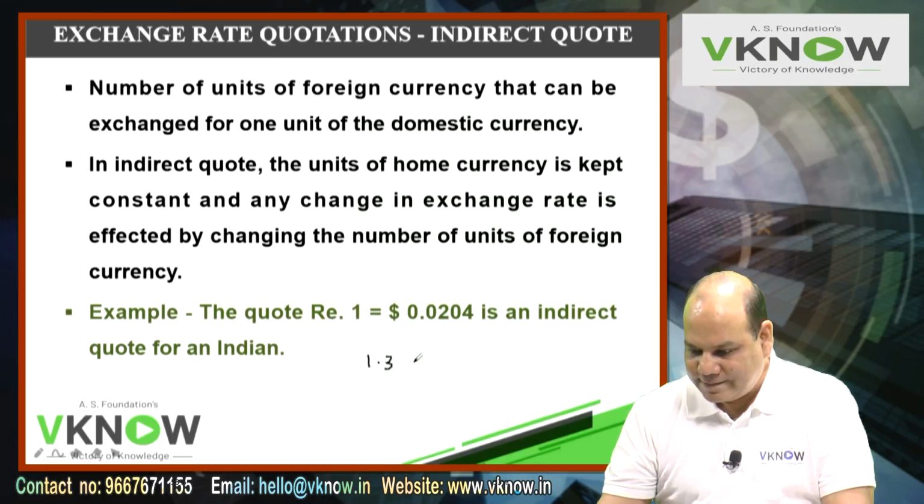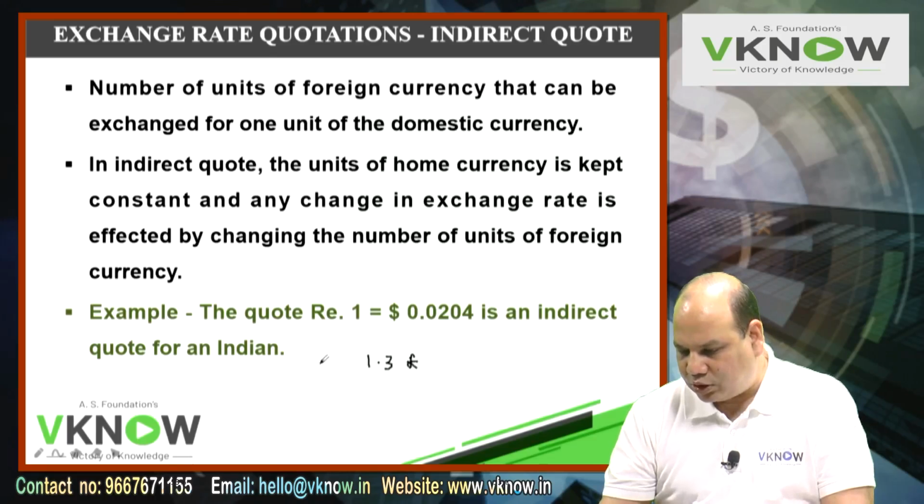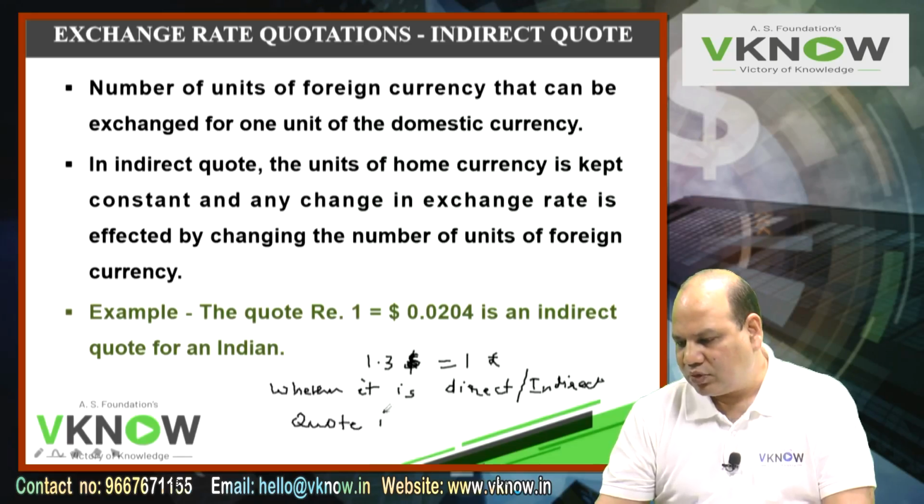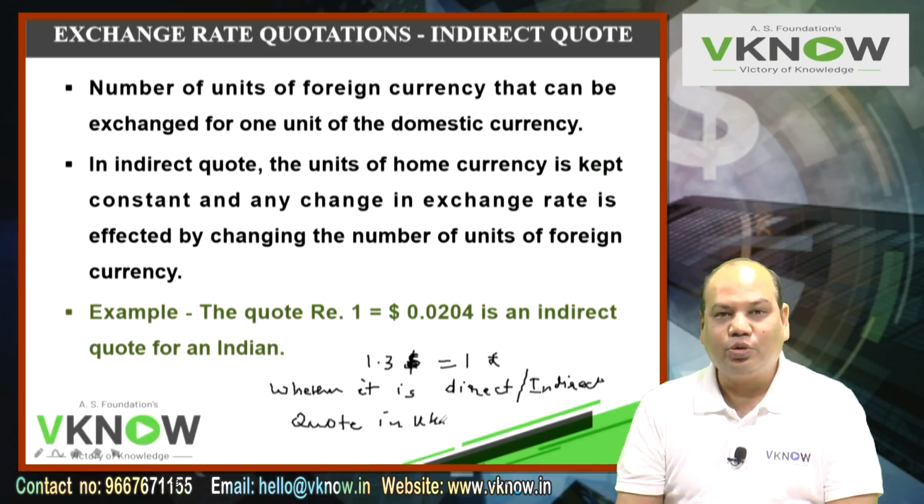Okay, so now you answer my question. $1.3 is equal to 1 pound. My question is whether it is a direct quote or indirect quote in UK. $1.3 is equal to 1 pound.